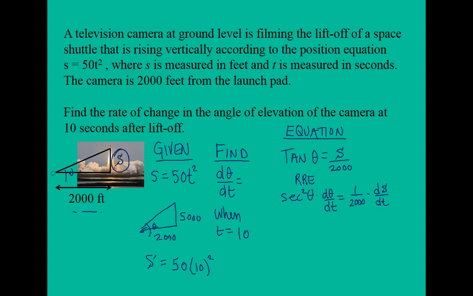So we would have the square root of our 5,000 squared plus our 2,000 squared as the length of our hypotenuse.